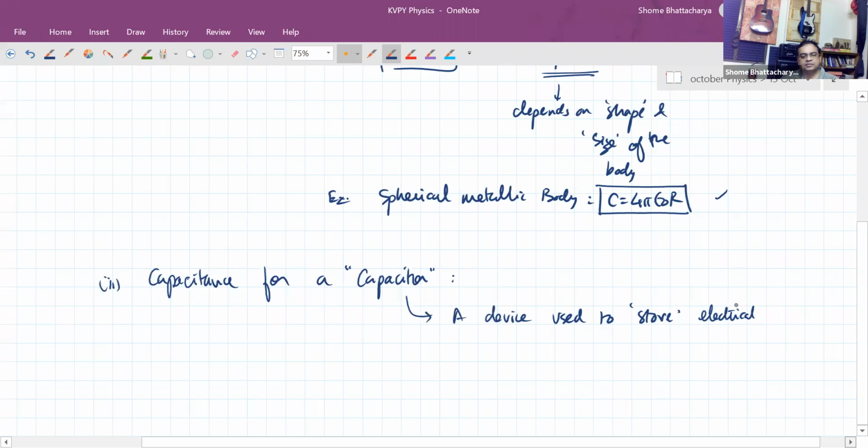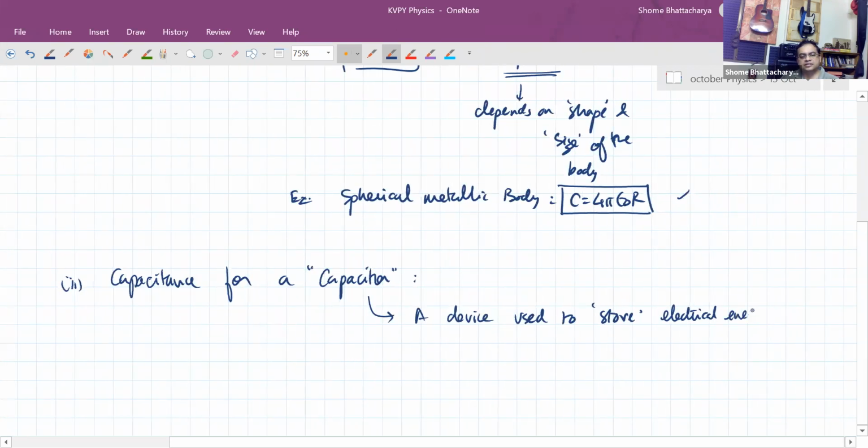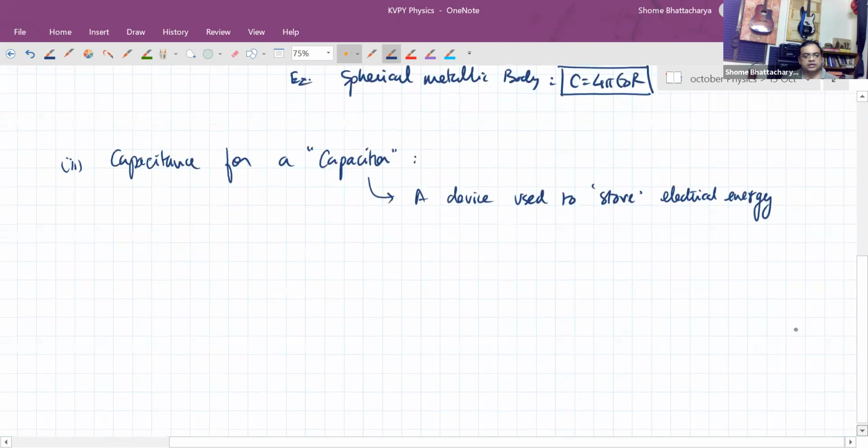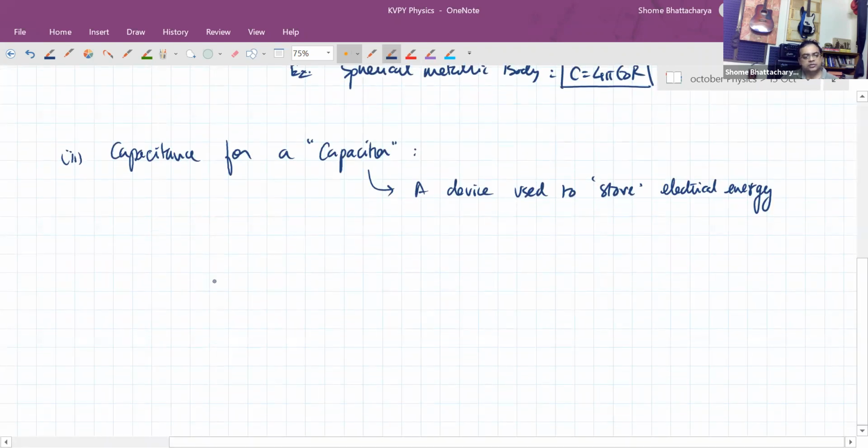And by electrical energy, we actually mean potential energy of an electric field which exists inside the capacitor. So that's what we mean by electrical energy exactly. Anyhow, one of the simple primary designs of a capacitor is what we call a parallel plate capacitor.